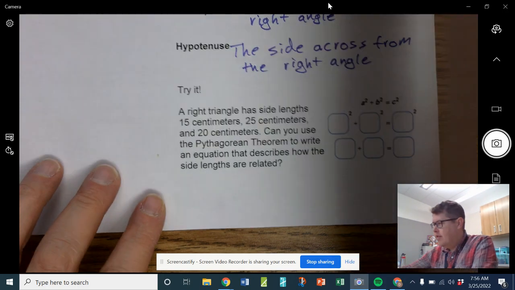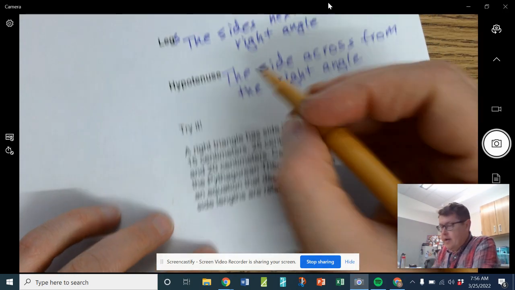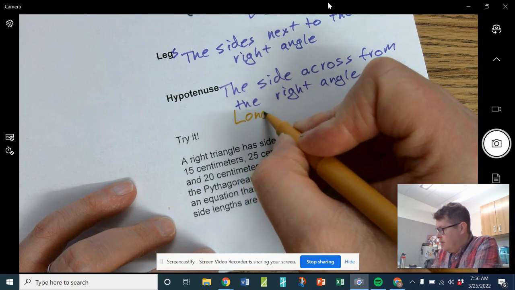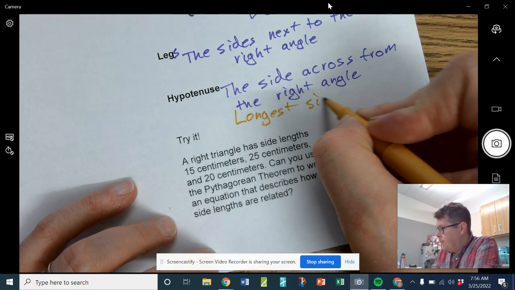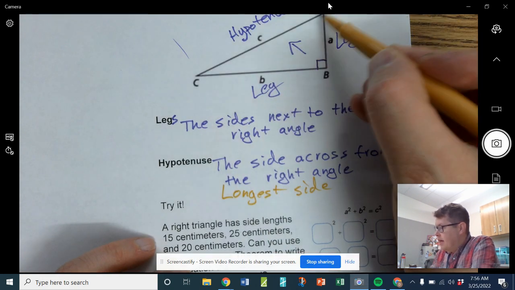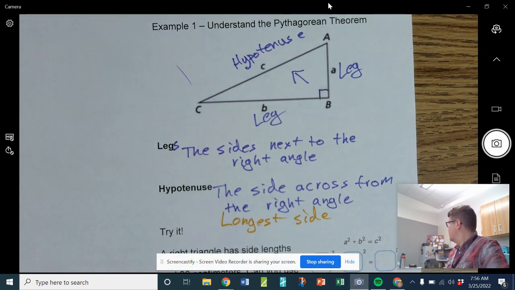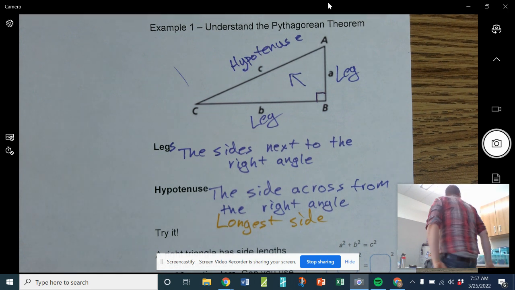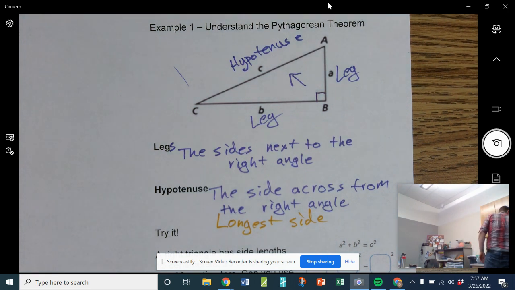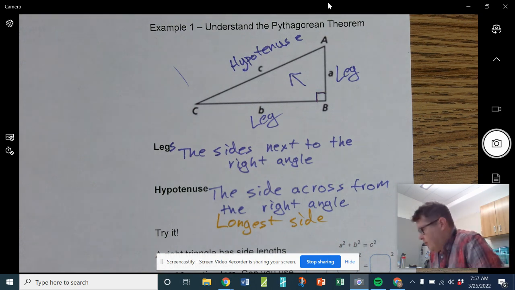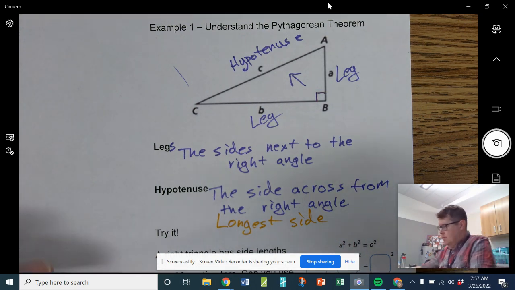One other thing that I forgot to mention: the hypotenuse is the longest side. That is important. You can see that this one is clearly longer than either of the others. We can get a ruler out to actually measure this and prove I'm not lying.